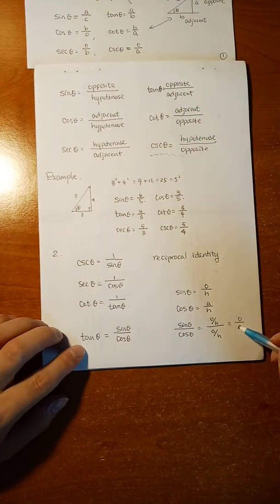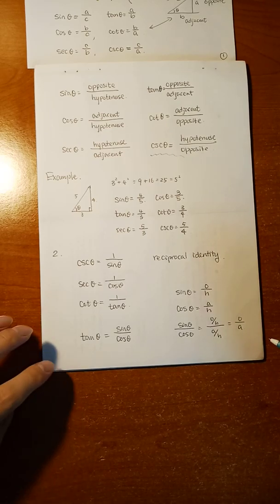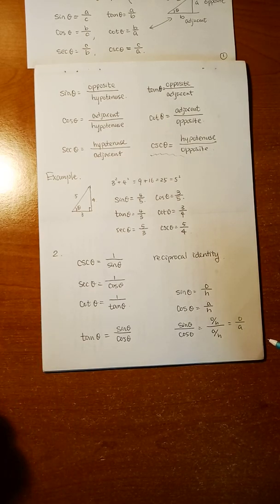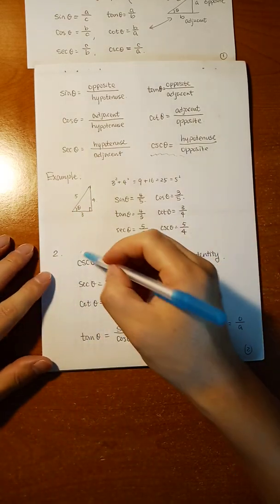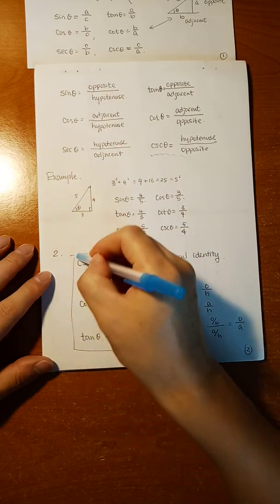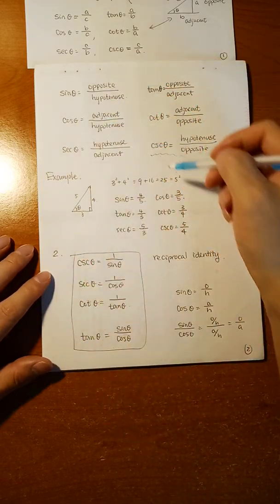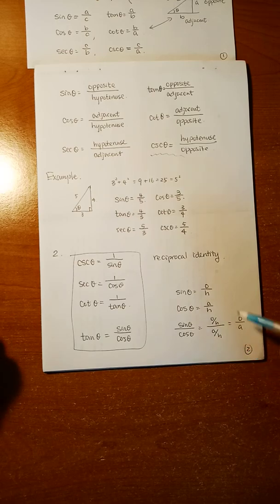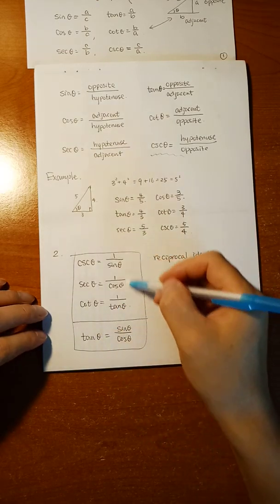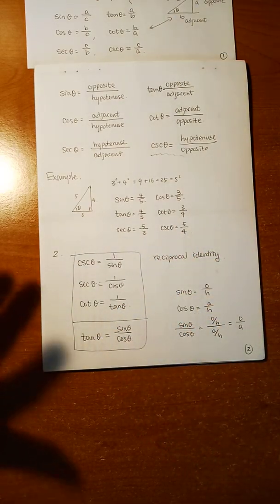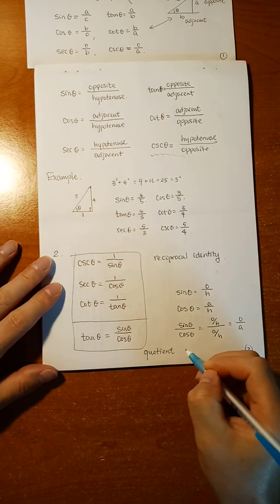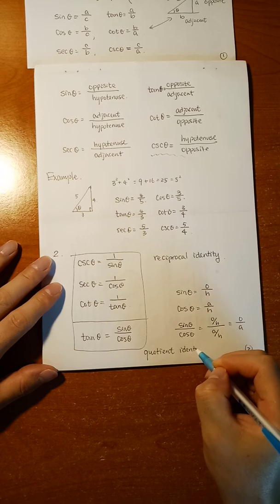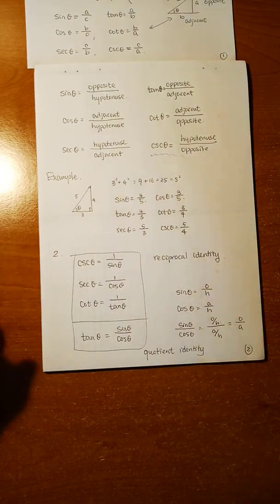That's exactly the tangent. This is a quotient identity. It's quite simple. You just directly get those properties from the definition. Just observe them and you will see the relation. Here is a reciprocal identity. This is a quotient identity.